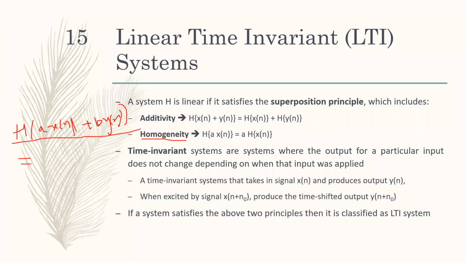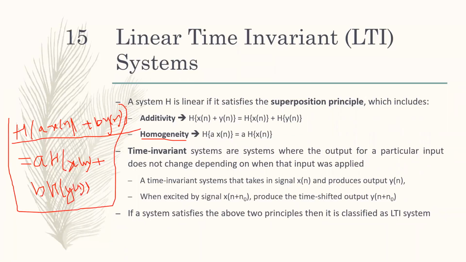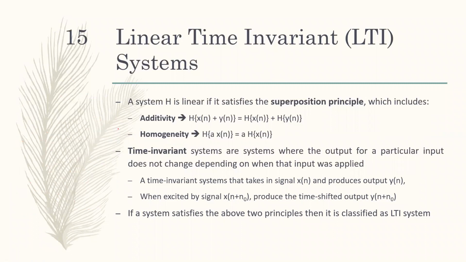So if this response is equal to A into h of x of n plus B into h of y of n, then I classify the system to be linear. It is just linearity that we are looking for. The system is classified to be linear if these two conditions are satisfied. If any one of the conditions fails, then it is not linear.